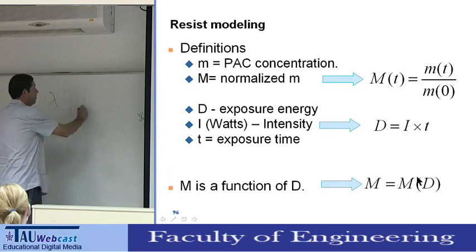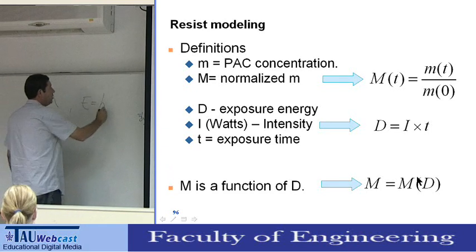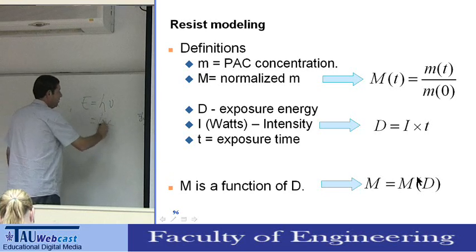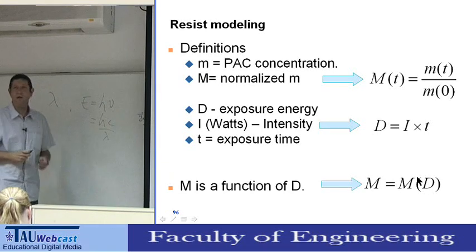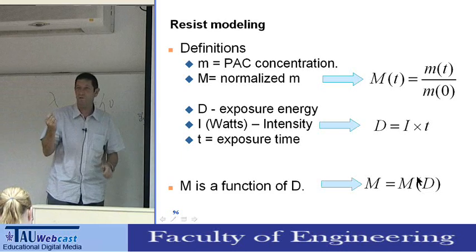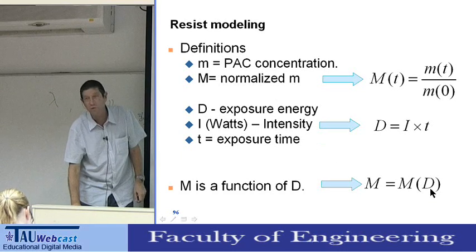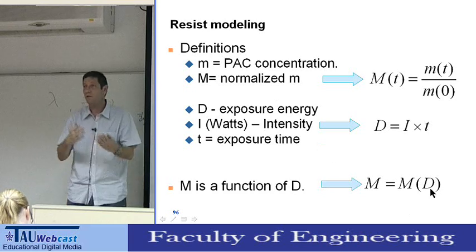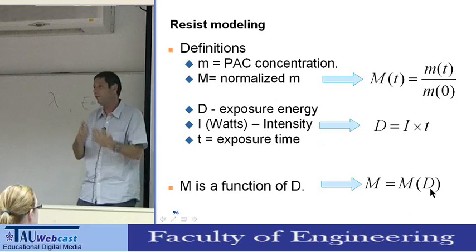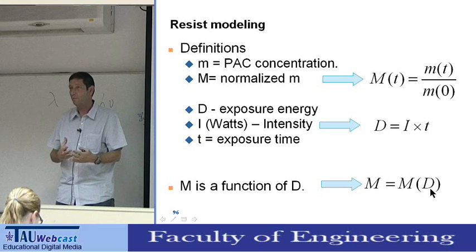So the energy of each photon is hν, or hc over lambda. So if the energy is fixed for every photon, the meaning of the dose is energy per centimeter square, but it's actually also the number of photons per centimeter square.